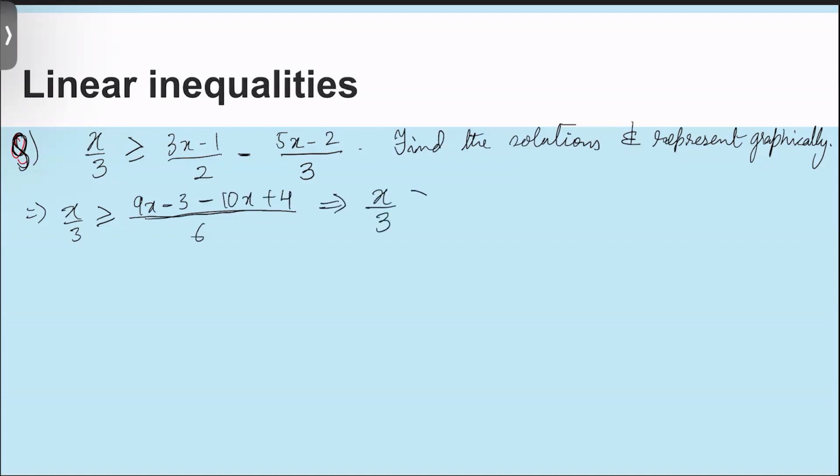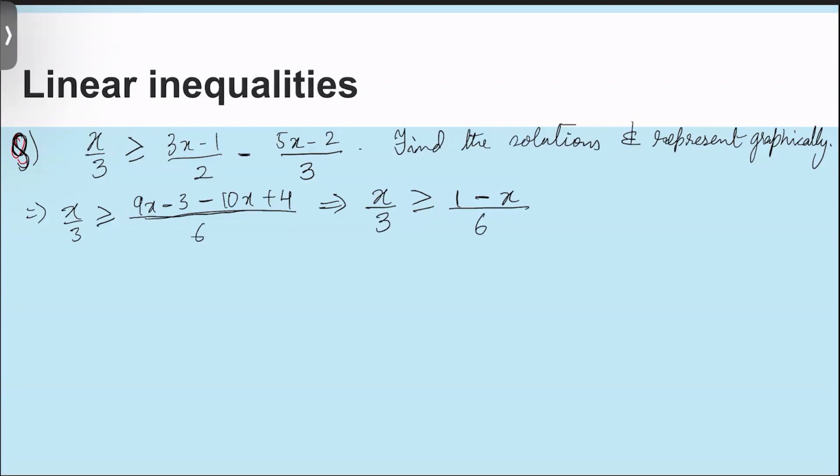So this becomes minus x plus 1. Let me write it in the other form. Okay, so you have 1 minus x by 6. Okay, so this is what we get.